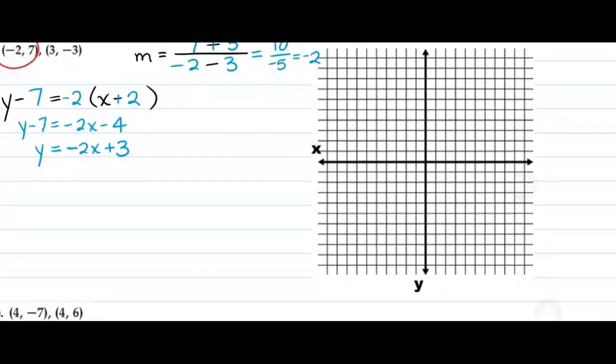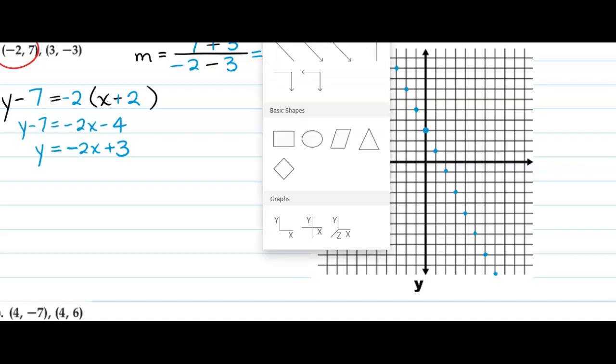So let's graph it. Let's begin at 3. And we're going to go down 2, right 1. The more points you can place, the better, because that helps give your line some direction and keep it as precise as possible, especially for the steps that are coming ahead.